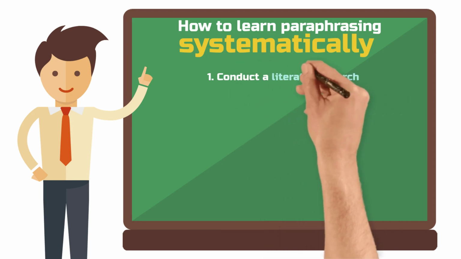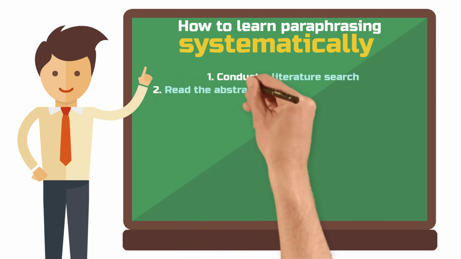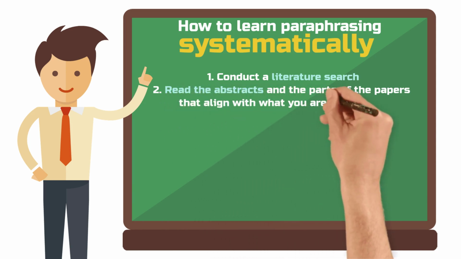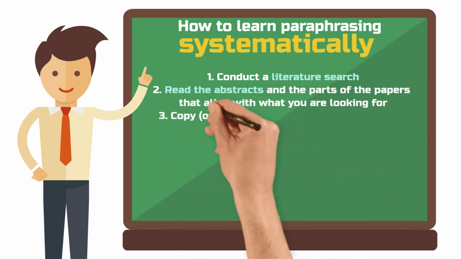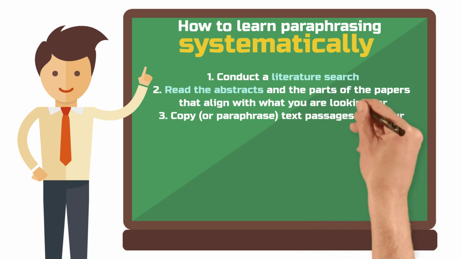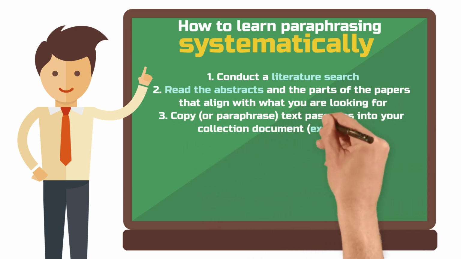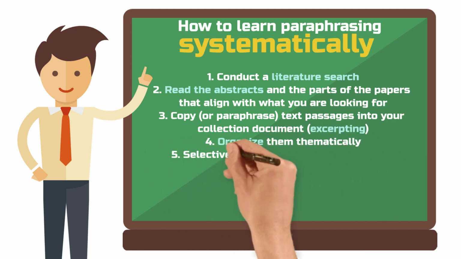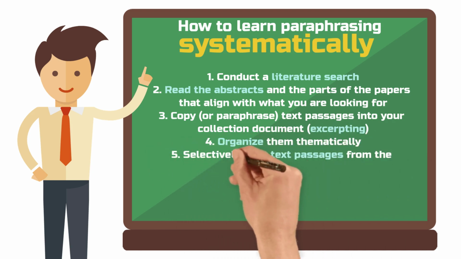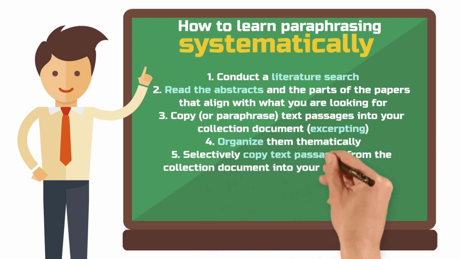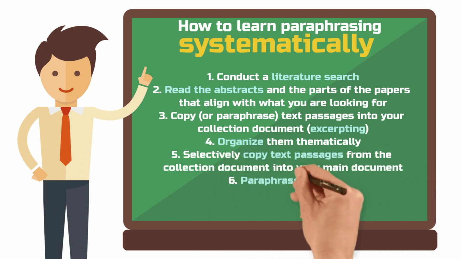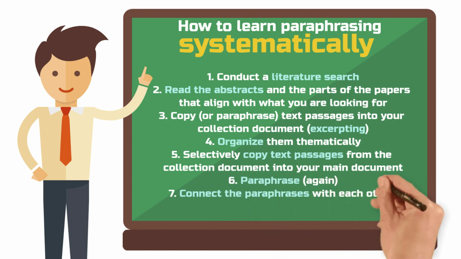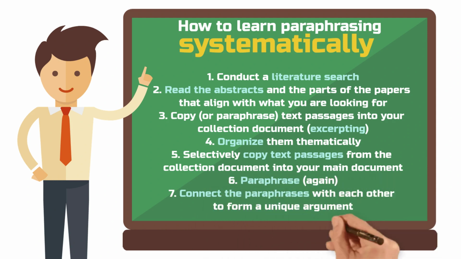Conduct a literature search, read the abstracts and the parts of the papers that align with what you are looking for, copy text into your collection document, which is called excerpting, organize them thematically, selectively copy text passages from the collection document into your main document, paraphrase it, connect the paraphrases with each other to form a unique argument.